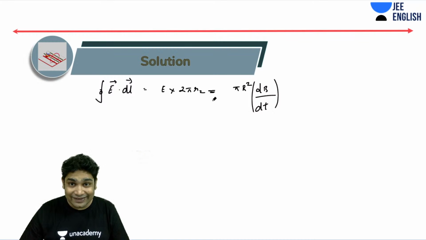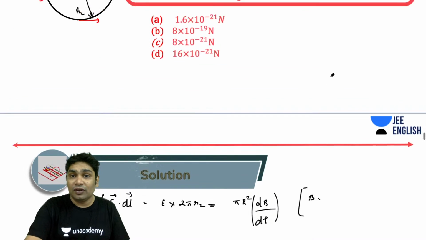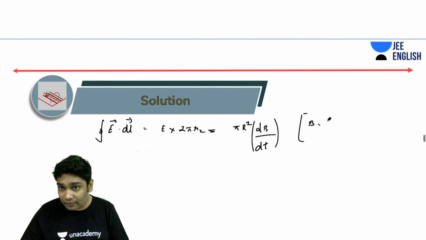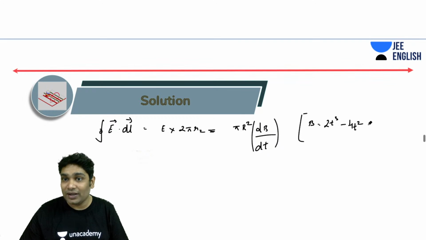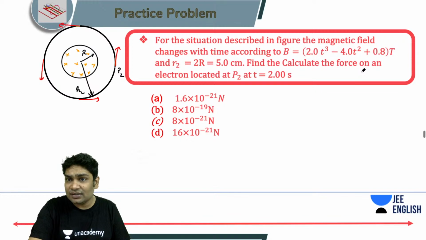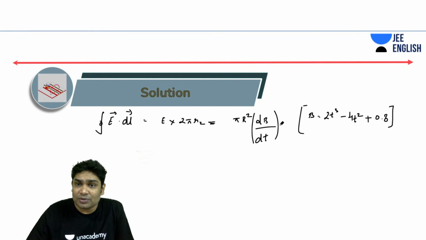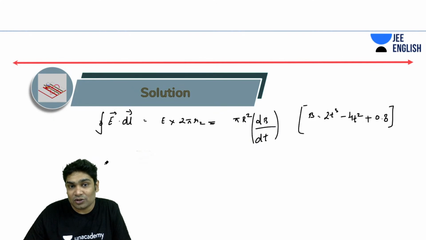So what we will do here is we already know how B varies. We have been told it varies as 2t cube minus 4t square plus 0.8. From here you will need to substitute the value of dB by dt and find E. Once you find E, then you can find the force on the electron. So let's write this as 2 pi into 2r, because that is what you knew R2 as.